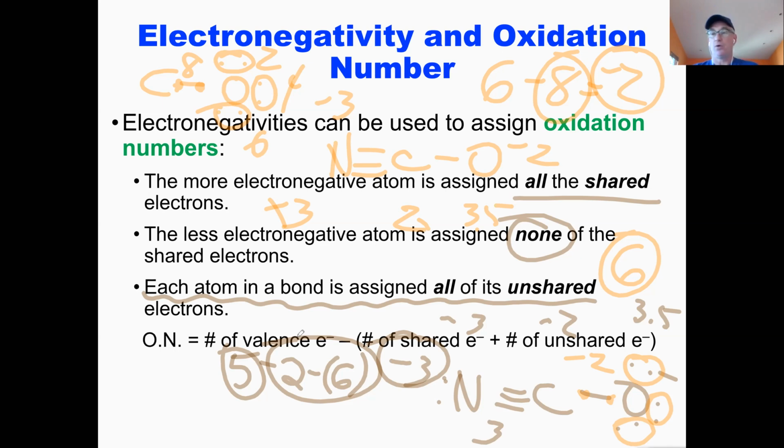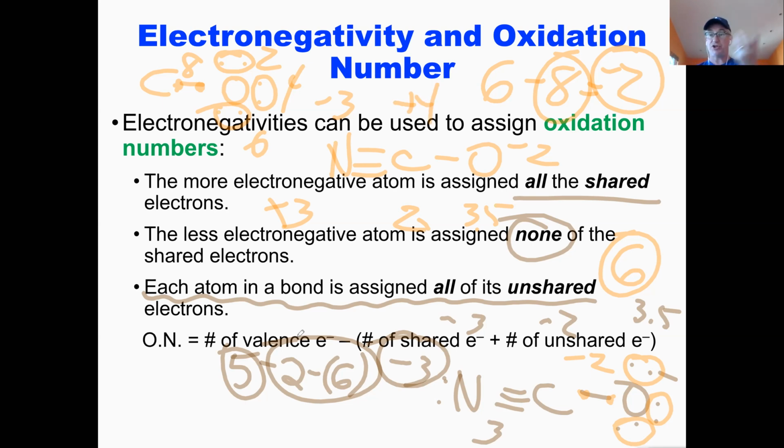No, it doesn't get to keep any. Carbon is the least electronegative element there, so it doesn't get to keep any shared electrons. It doesn't have any lone pairs, so that's 0, and all of its shared electrons are with more electronegative elements. Carbon should have 4 valence electrons, and for an oxidation number, it has none. And so its oxidation number is +4.